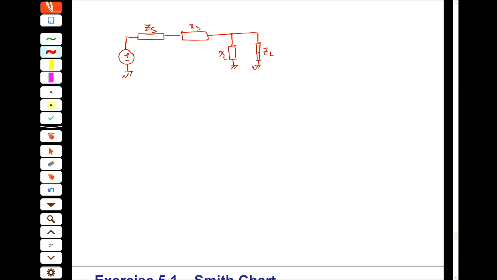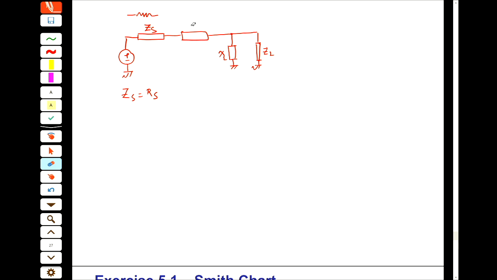So if I replace this ZS with, for example, a resistor, if this ZS equals RS plus jXS, actually this is not good, it's XS.